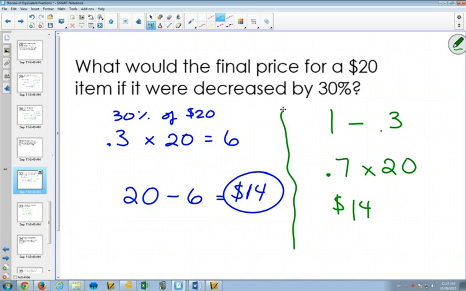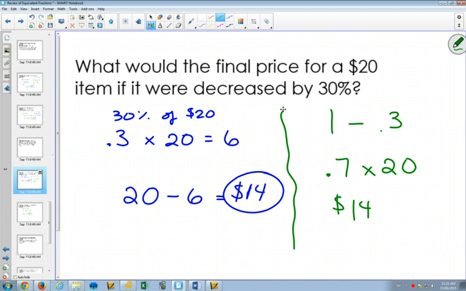So for me, for mental math, sometimes it's easier to do 10% than it is to do 90%. And there'll be different times where that comes in. If you wanted to find out what 10% off is, I would probably do what we did on the left here, because 10% is easy to figure out, and then subtracting it's not hard.